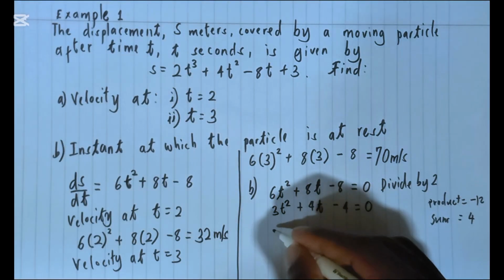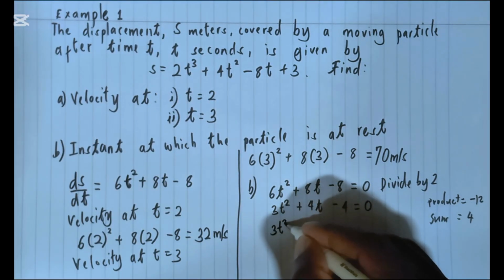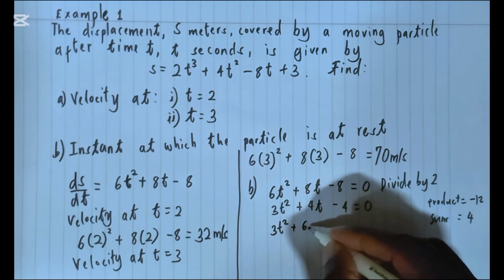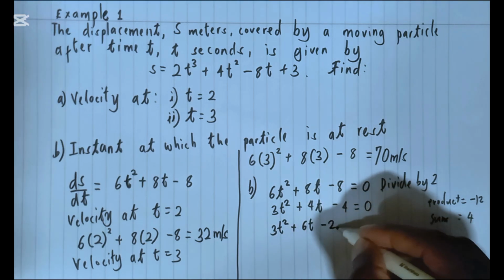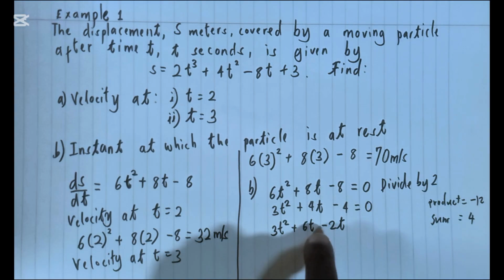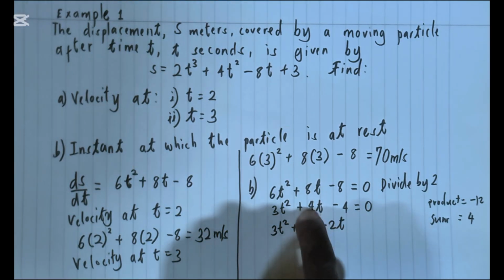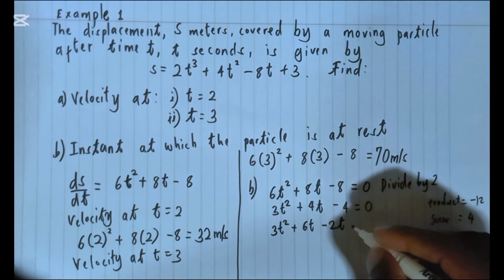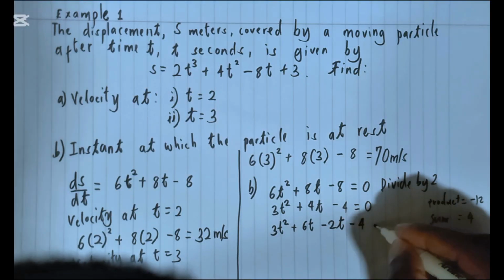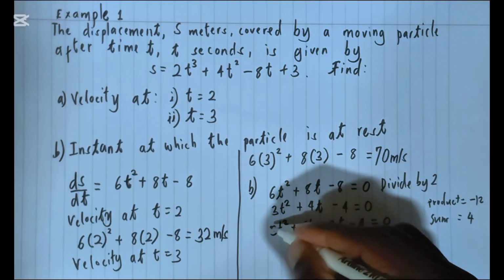So we're going to have 3t squared plus 6t minus 2t minus 4 equals 0. Those are the two factors we chose, 6 and -2, which add up to 4.